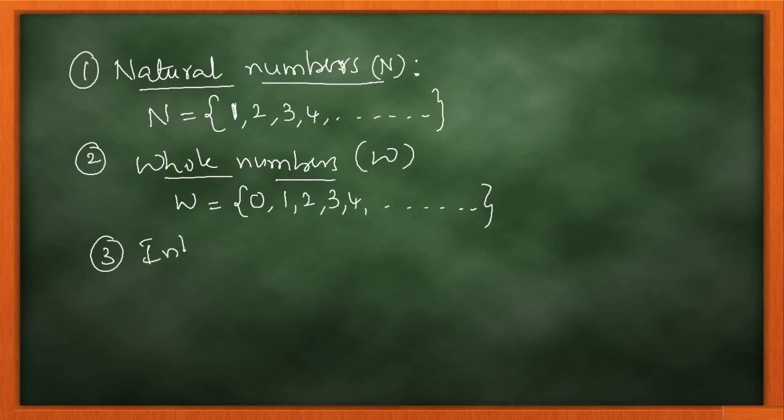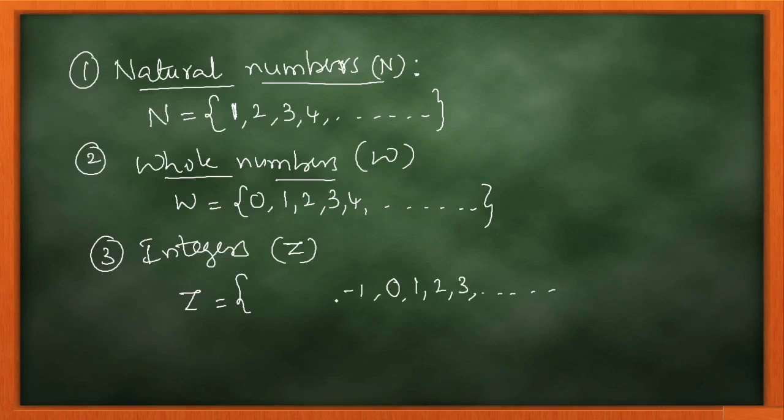Then the next one is integers. Integers are denoted by the letter Z. Integers are negative integers, positive integers and also 0. Positive integers are denoted by Z plus: 1, 2, 3, 4 and so on.